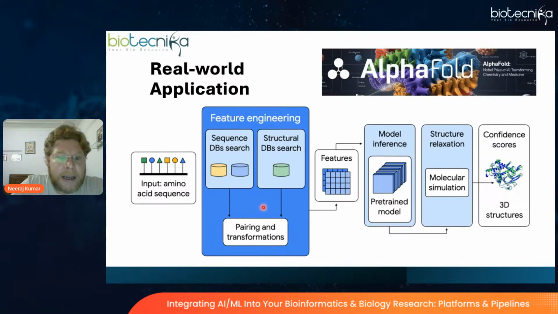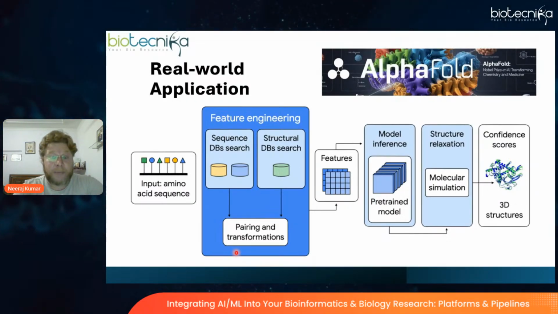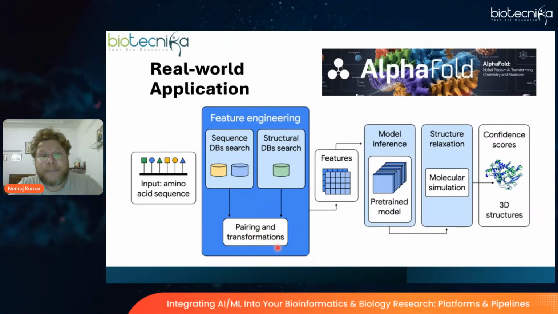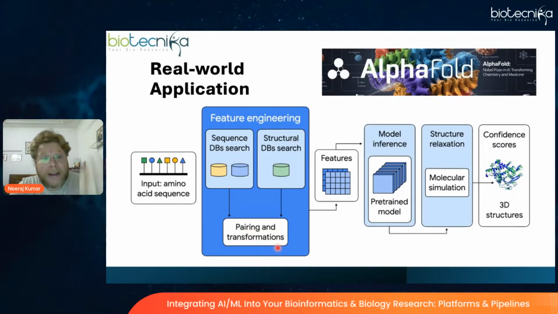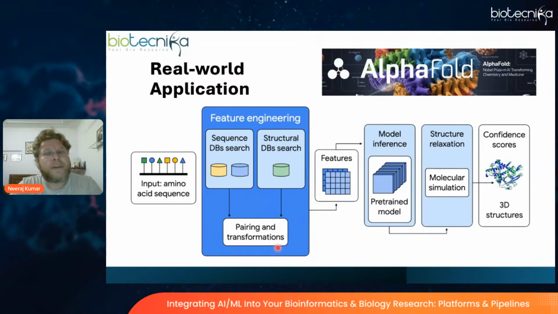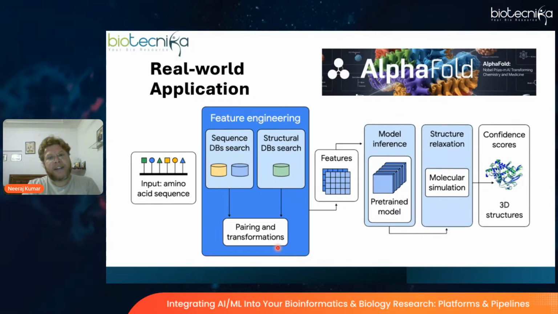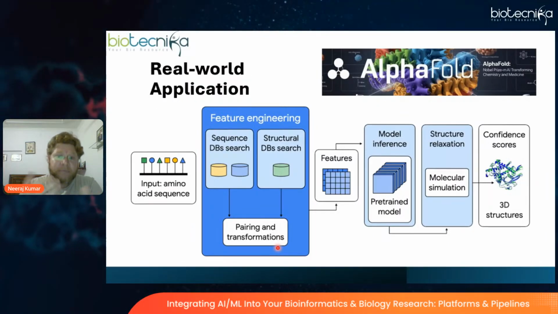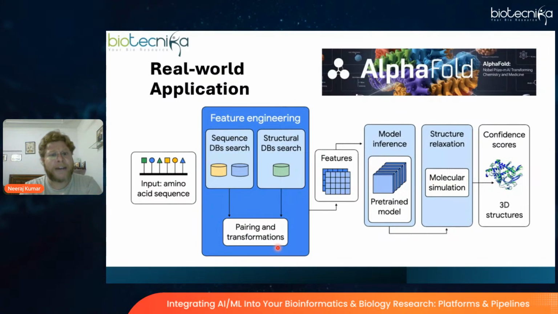Okay, and here the tools being used are called pairing and transformations. That is carried out by transformers. Transformers come under deep learning. Those are generative algorithms, or variational autoencoders.